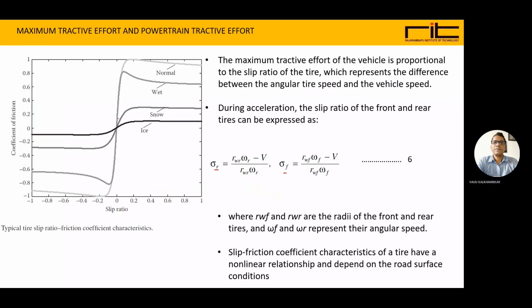For snow, you can see this is the slip ratio with reference to this baseline or zero axis. Then for wet, you can see this is the coefficient of friction, and slip ratio will go on changing. Similarly, for normal conditions, you can see the coefficient of friction is increased and the slip ratio is increasing.